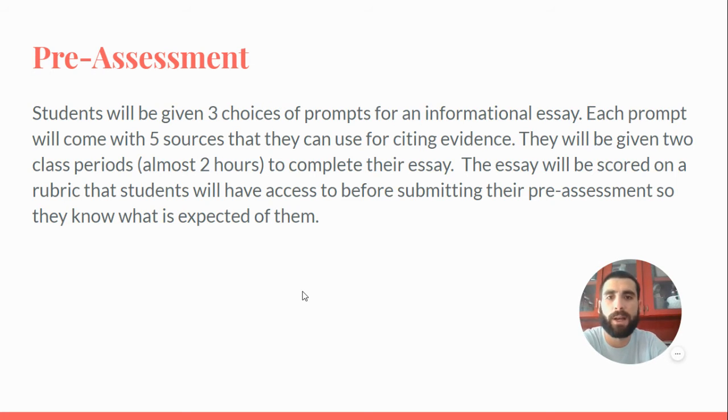They will be provided 5 relevant sources to use for evidence, and they will be given 2 hours to complete their essay, and they will be scored on a rubric for the pre-assessment to see where they are at, see what skills need to be focused on, and how many of these skills they previously possessed before attending the course. So the pre-assessment will serve as the baseline that will be compared to the results from the post-assessment at the end of the unit.